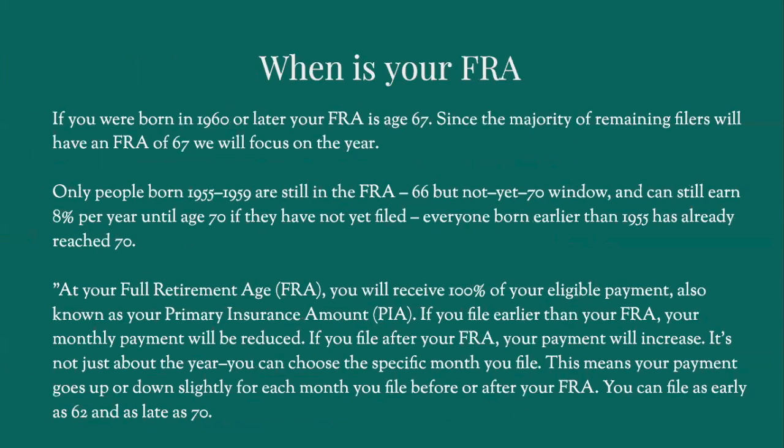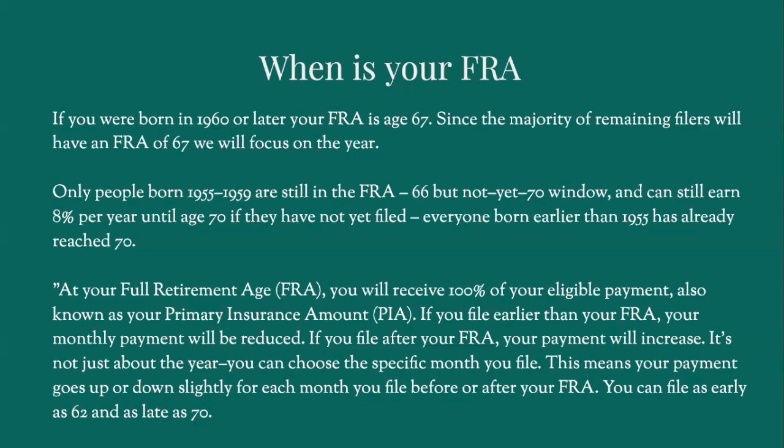If you were born in 1960 or later, your FRA is age 67. Since the majority of remaining filers will have an FRA of 67, we're going to focus on that year. So at age 67, for most people, that's when you're going to get 100% of what you're eligible to get.